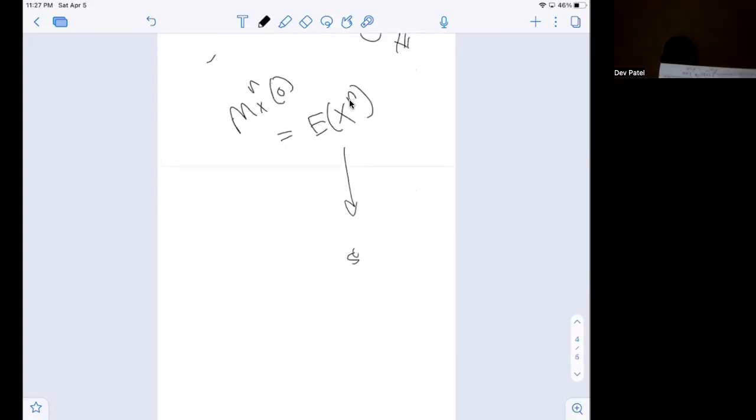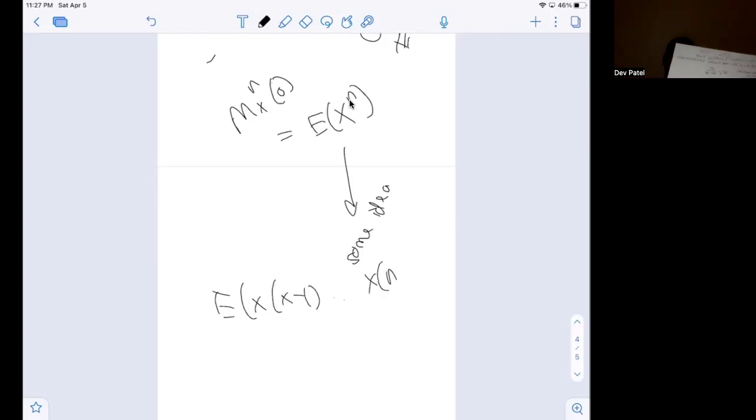Same idea when you have probability generating functions. You're able to generate probabilities, and you're also able to generate the expected value of X times X minus 1, all the way to X times X minus 1 and so on down to X minus n plus 1. So this is very useful when you want to find, for example, the variance, where you can get the expected value of X squared and the expected value of X.